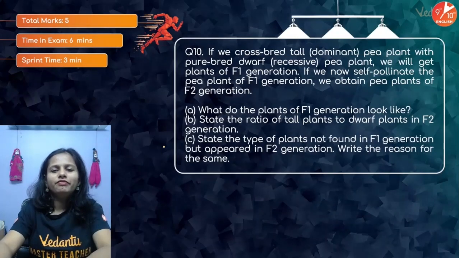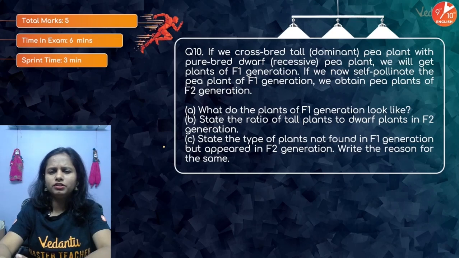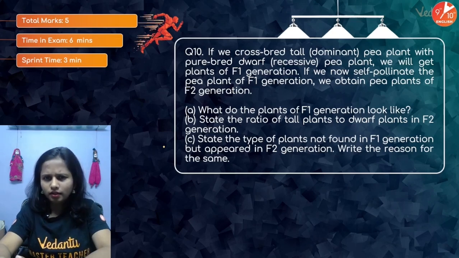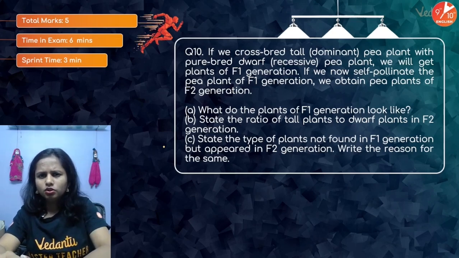Then if we crossbreed tall plants with pure-bred dwarf, we will get plants in F1. Now if we self-pollinate, we'll get F2. What do the plants in the F1 generation look like? Okay, tall and dwarf.